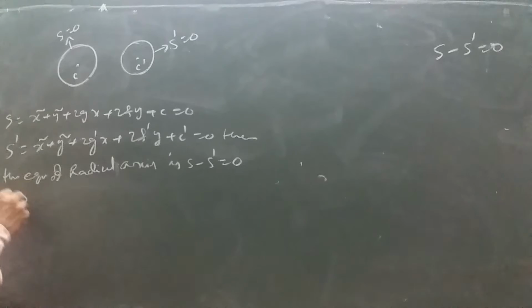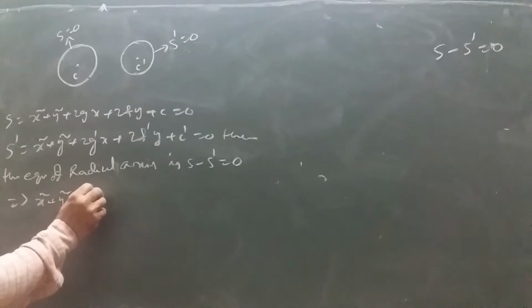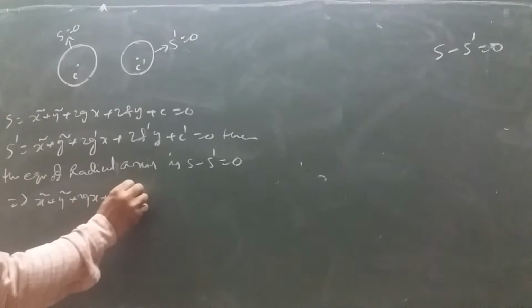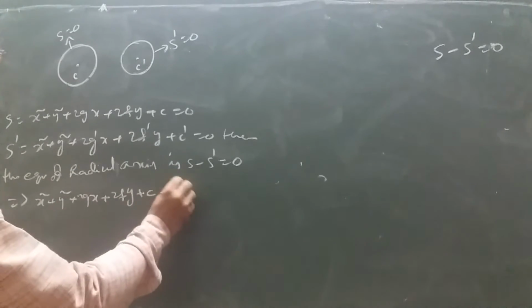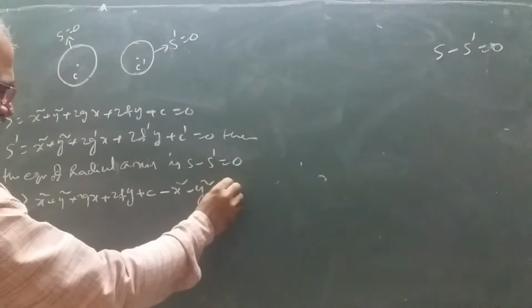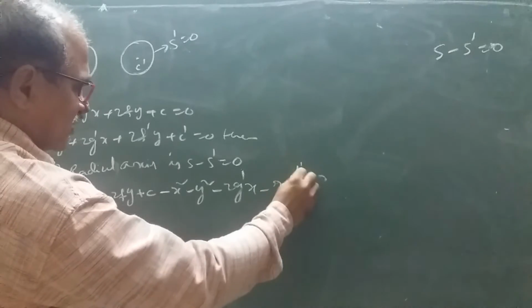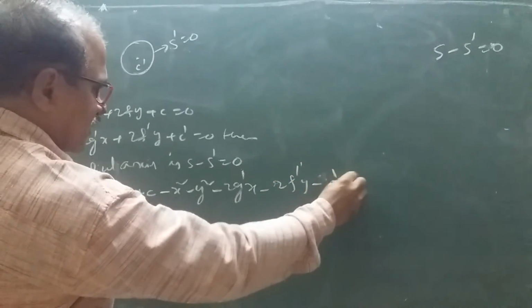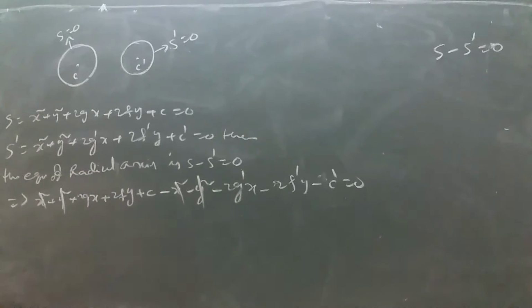That implies, what is S here? x square plus y square plus 2gx plus 2fy plus c, minus x square, minus y square, minus 2g dash x, minus 2f dash y, minus c dash equals 0. x square and y square get cancelled.